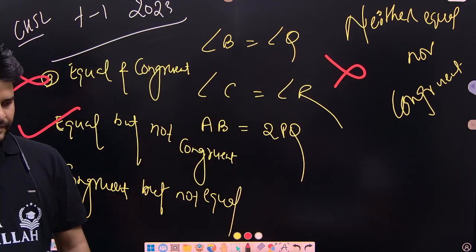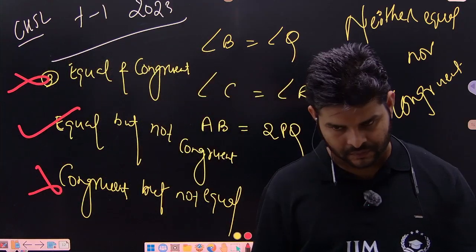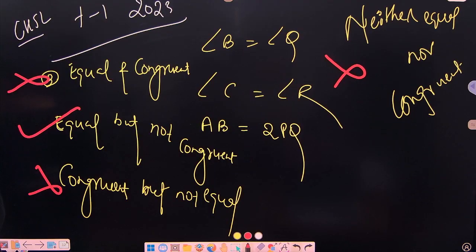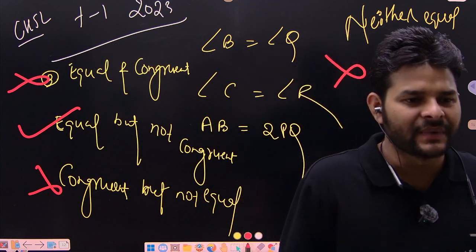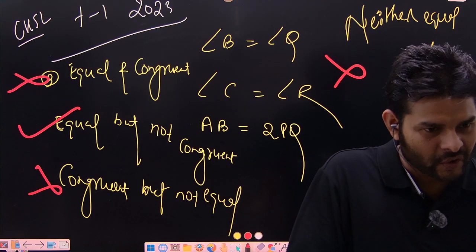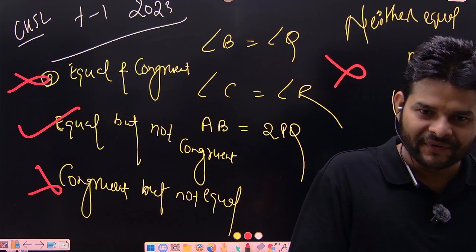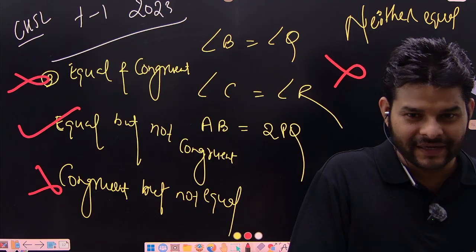Got it? And you know well that triangles which are congruent must be similar. If both triangles are congruent, similarity lies within congruency, but congruency doesn't lie within similarity.